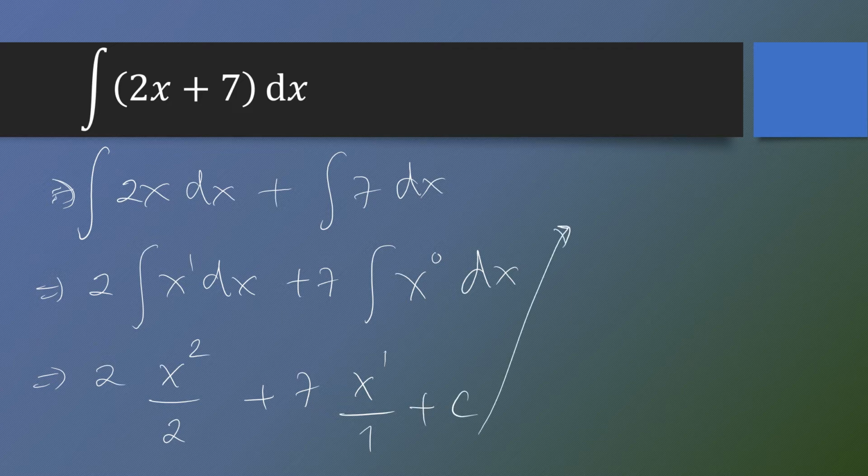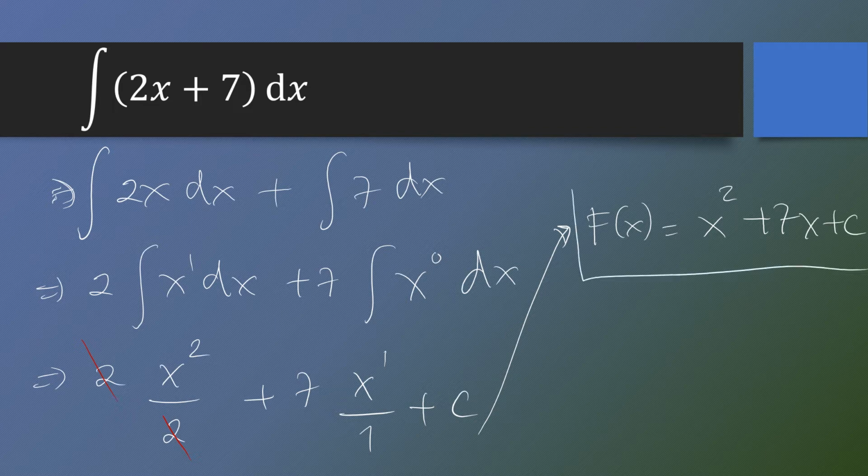We can rewrite the final answer in the simplest expression. 2 can cancel out with 2, and 7 can cancel out with 1 also. So we can write F(x) equals x squared plus 7x plus c. This is our original function.